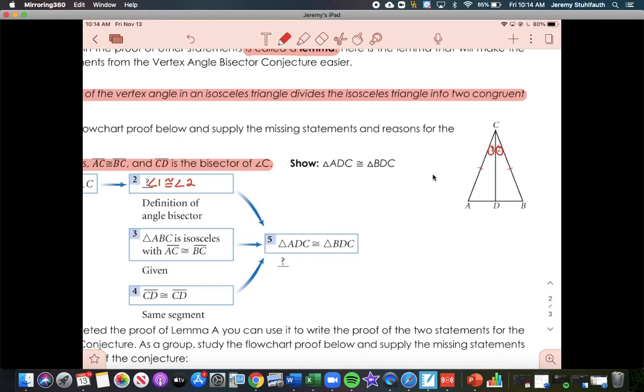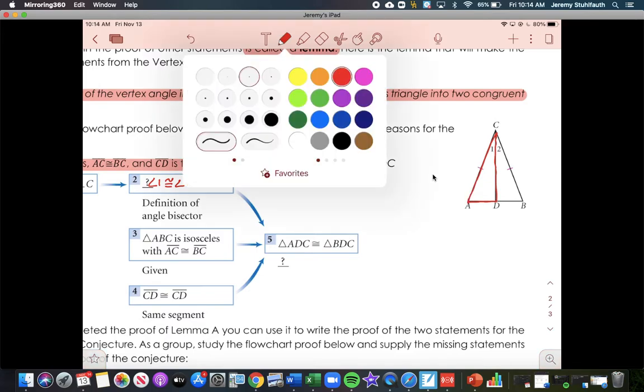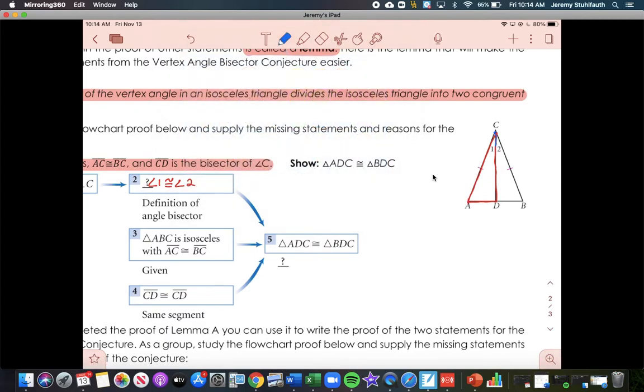So what we now have is triangle ADC is congruent to triangle BDC. We know that because we have side, angle, side.